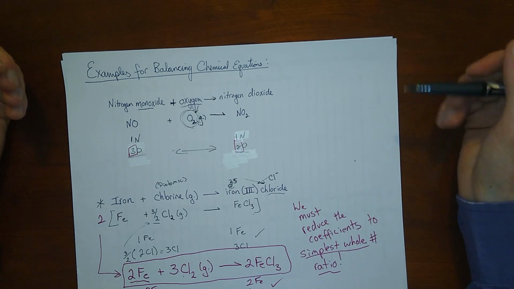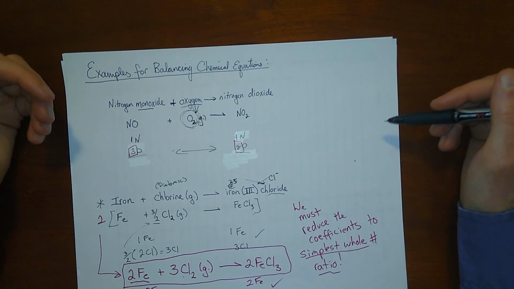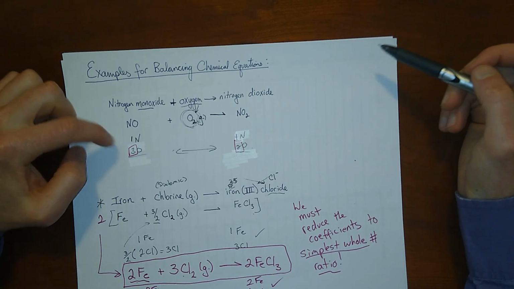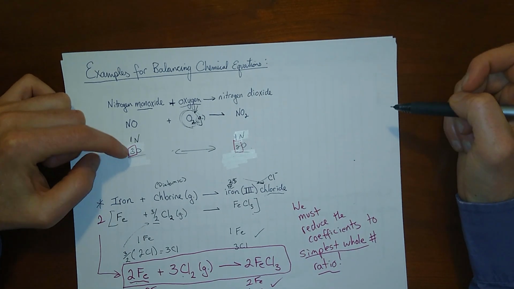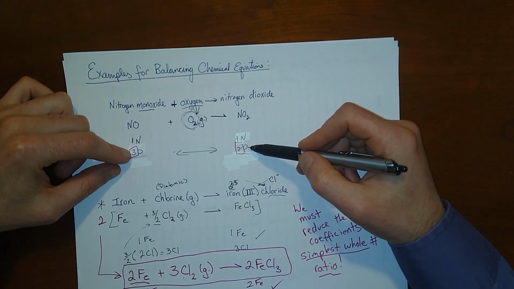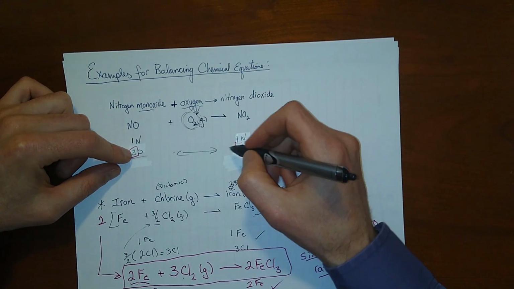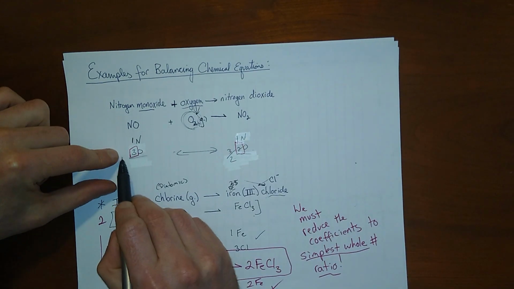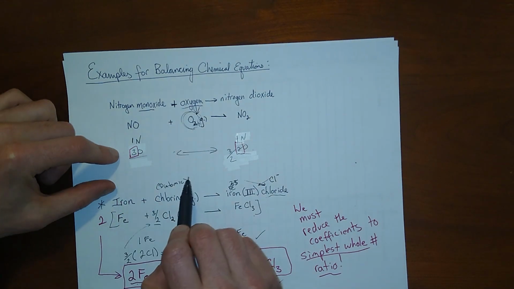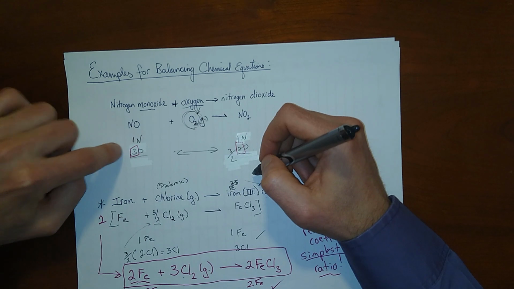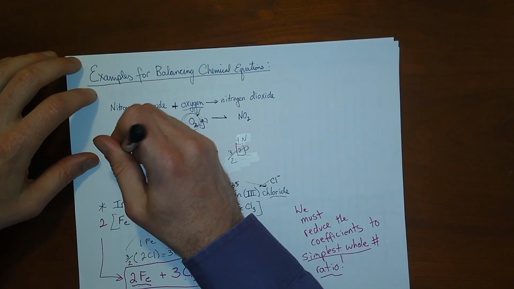So let's do it wrong first so you can see why this is an issue or how we run into troubles here. So I'm thinking, okay, I have 3 oxygens here and maybe 2 oxygens here. So how could I get these to be equal? Well, I could multiply this one by 3 over 2. Or I could multiply this one by 2 over 3. I'm just going to choose arbitrarily here to do this one by 2 over 3.